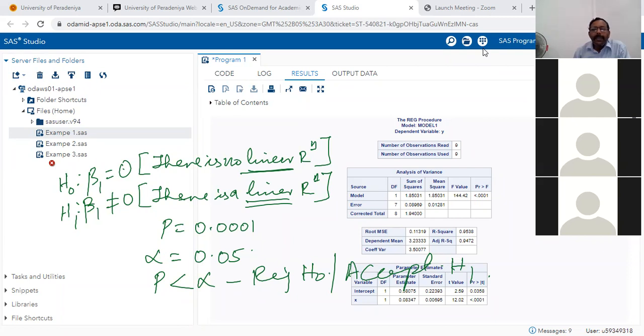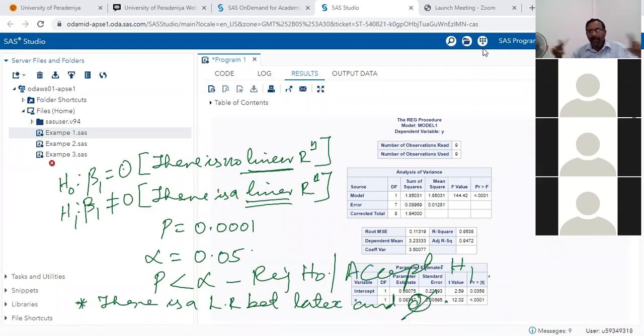What I said in the question? X is diameter, Y is latex yield. How can we conclude? There is a linear relationship between the latex and the diameter of rubber trees.